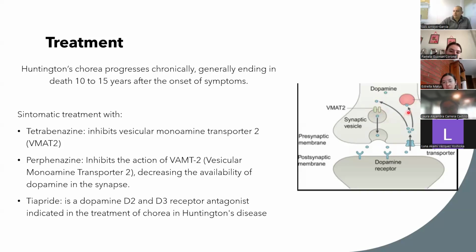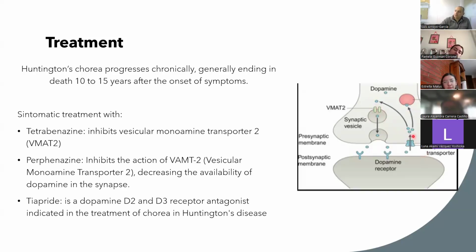Who can explain this figure? To recapture and be able to reuse the materials of the dopamine. Exactly. So this is a recycling trafficking protein. Okay, so this is quite important.